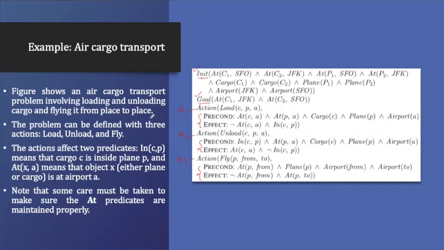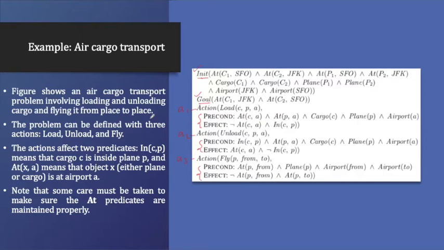And what are the actions we have? We have the action of loading. We can load the cargo into the plane. We can unload, meaning we can unload the cargo from the plane. And what is the other action? We can go from one airport to another airport, so we can fly.